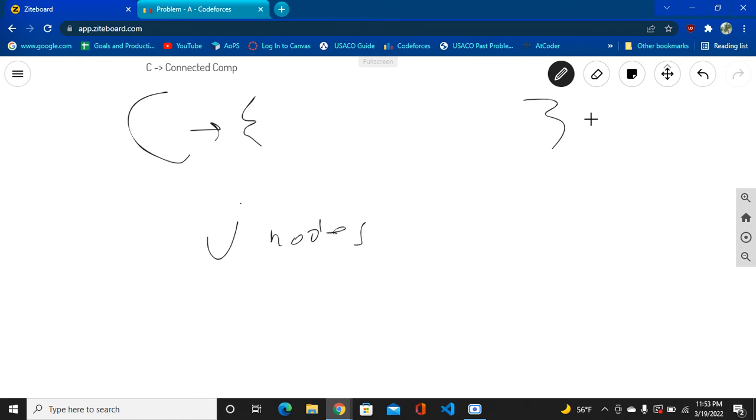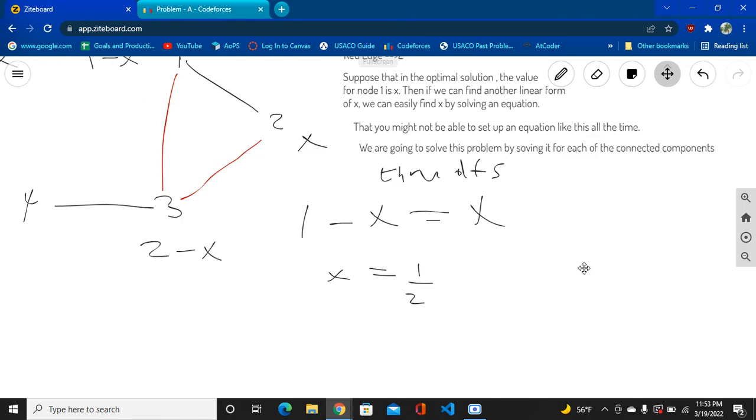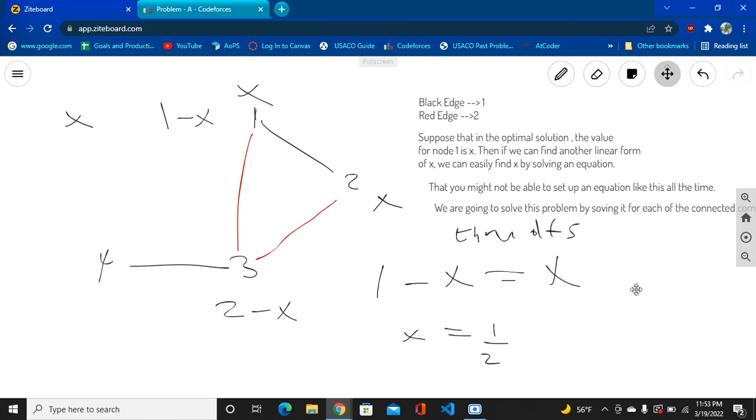Each node can essentially be expressed by a linear term. That's kind of obvious, because we can still use the method of attack to fix a node to be x.